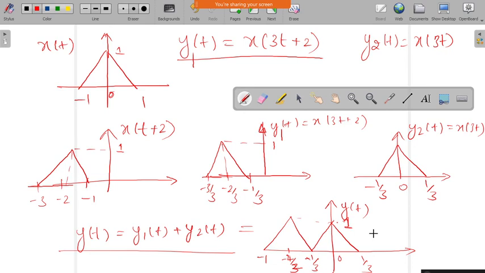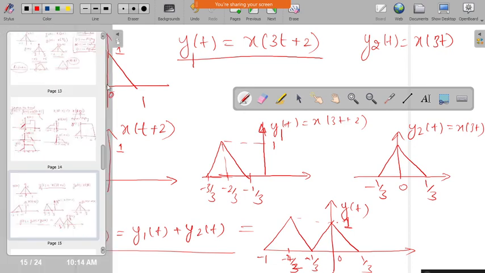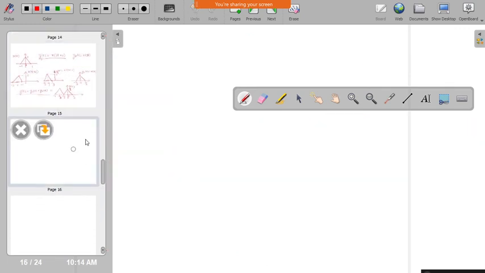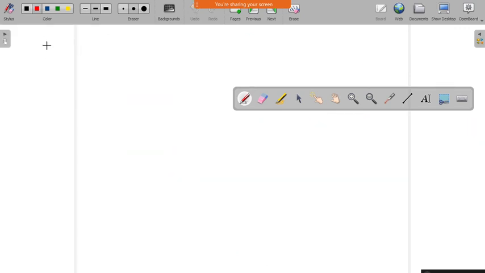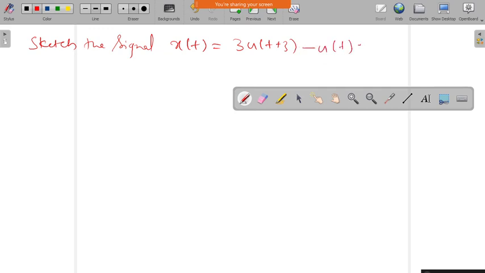Sketch the signal x of t, which is equal to 3 into u of t plus 3, minus u of t, plus 3 into u of t minus 3.